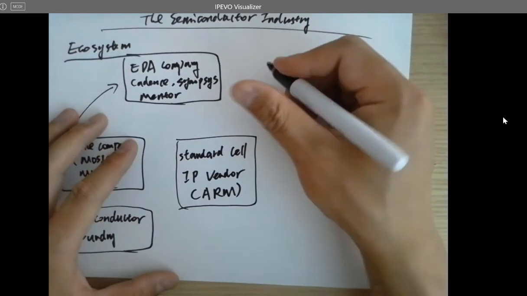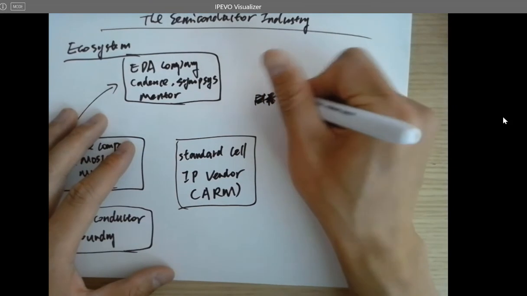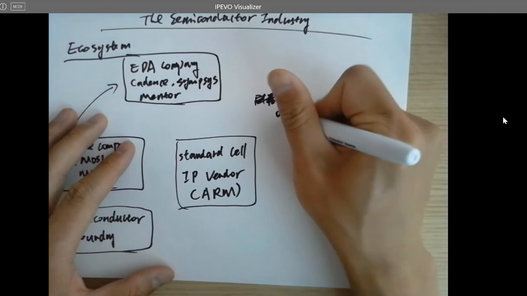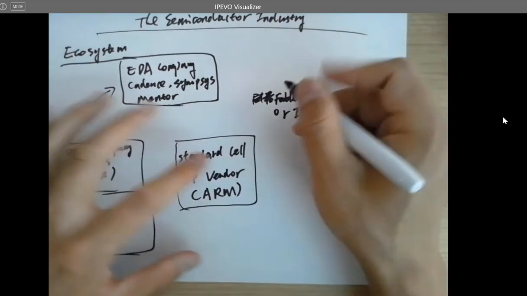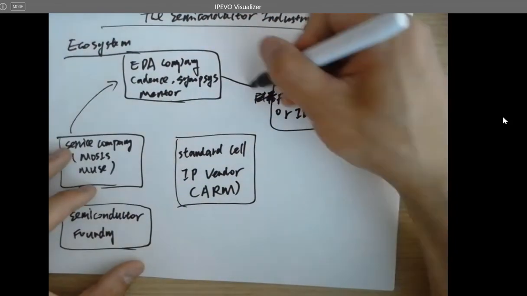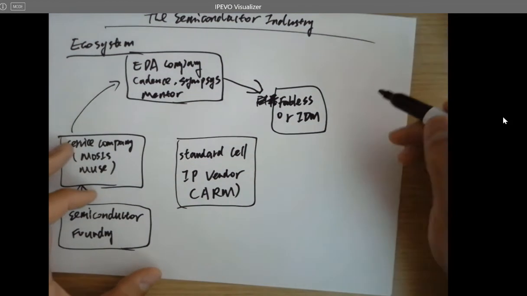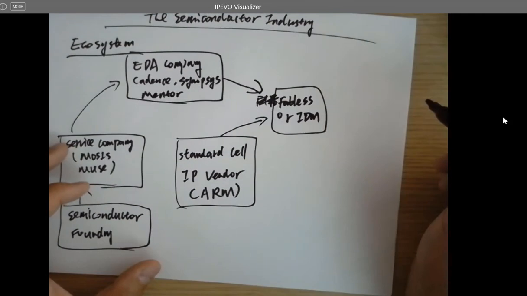So the fabless, or IDM, integrated device manufacturer, will use EDA to design their microcontrollers, and will directly buy the IP cores for their CPU, for their microcontrollers.